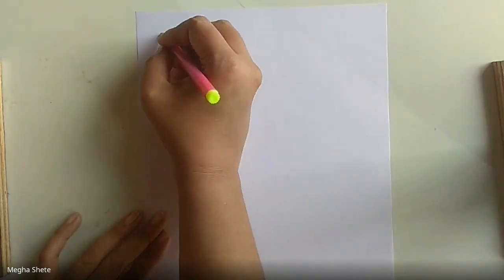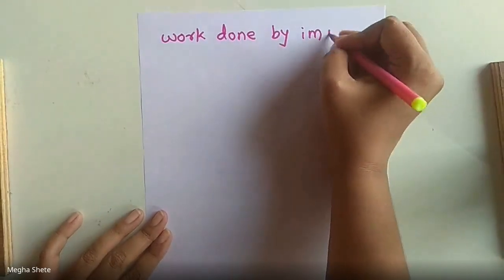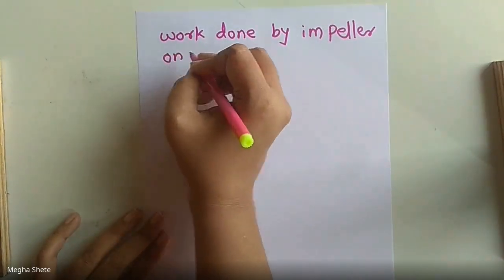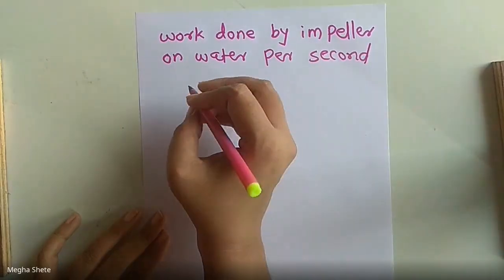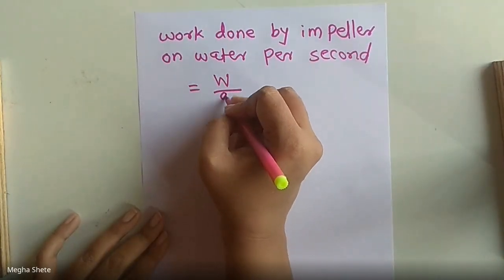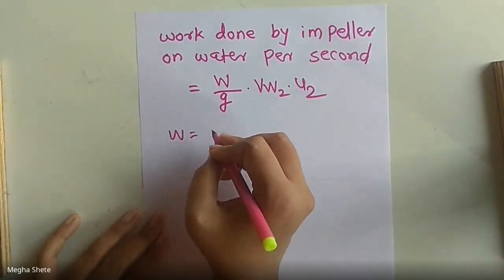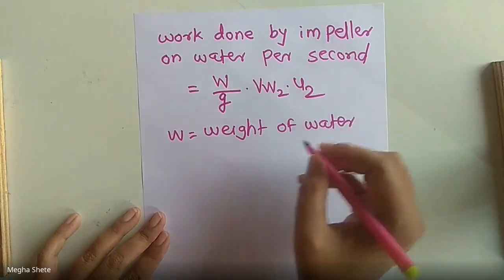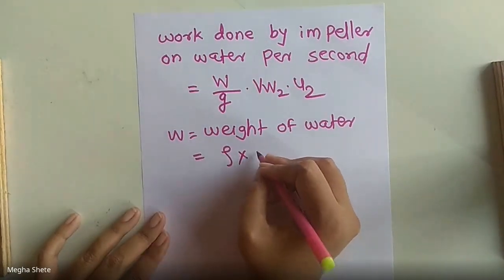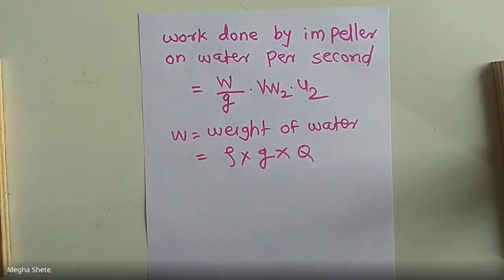Now, if we consider weight of water, that means work done by impeller on water per second will be equal to W divided by G into VW2 into U2, where W is equal to weight of water, and that is equal to rho into G into Q, where Q is equal to volume of water.